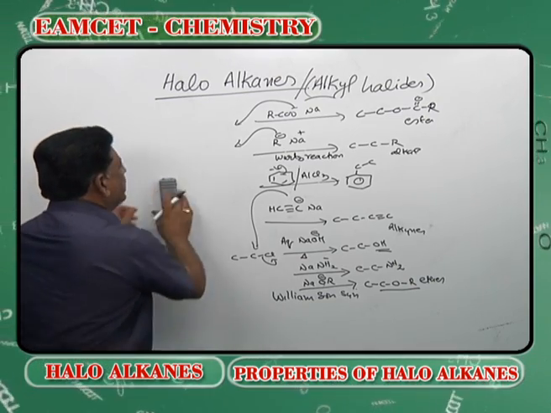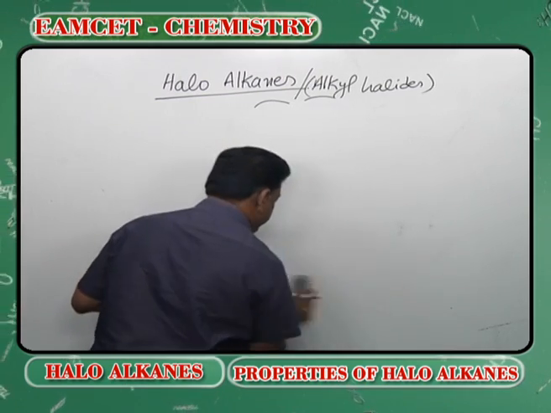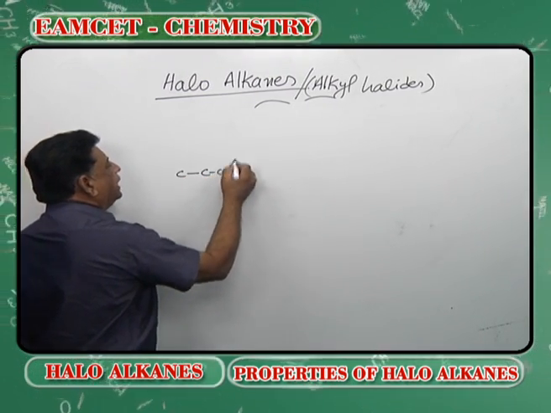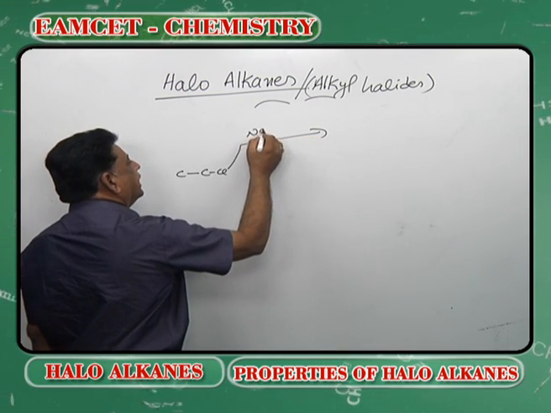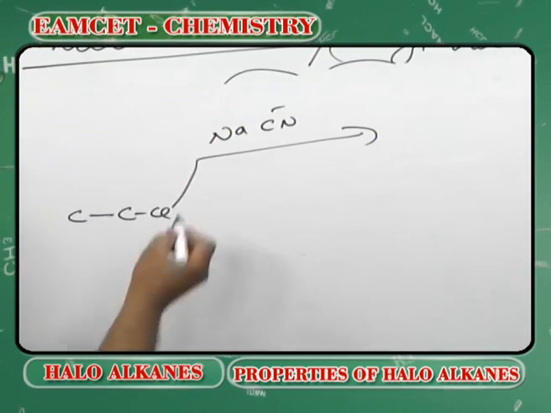Now let us take another set of reactions which are also similar. In ethyl chloride, if you take sodium cyanide, what is the anion or the nucleophile? Cyanide minus.